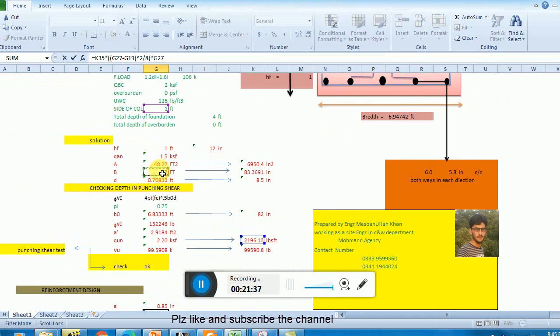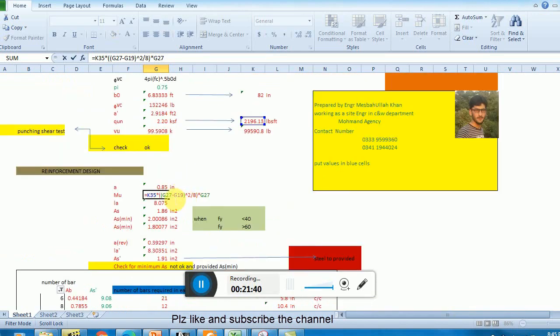G27, that is my L, I have to divide this by 2, and close the brackets.